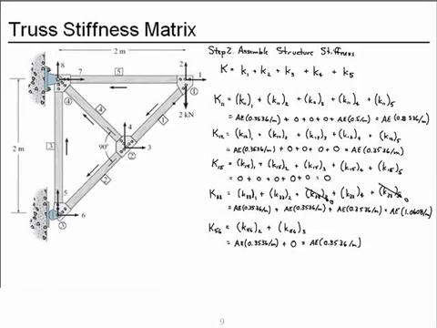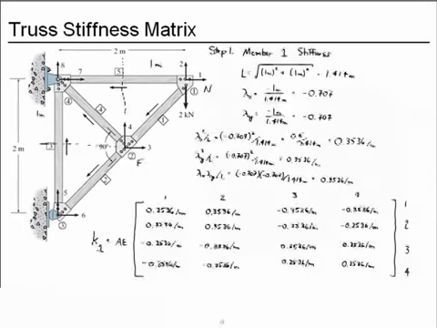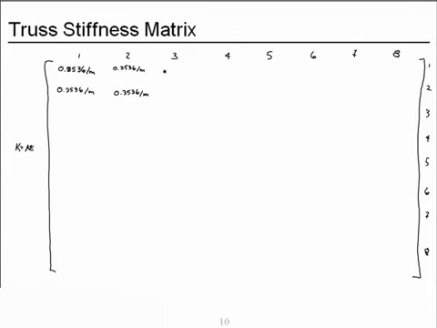And the only member that does that is member 1. So if I go back to the member stiffness for member 1, rows 1 and 2, columns for degrees of freedom 3 and 4, means this whole chunk becomes the entries in our structure stiffness matrix. So I'll write those in.